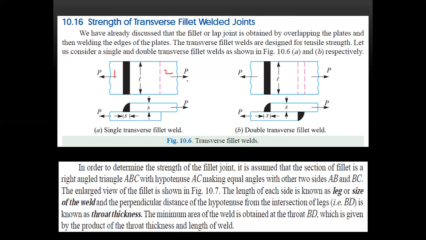Plate 2 is on top, plate 1 is below. So see here, this is plate 1, this is plate 2. So this dotted portion shows that, right? This line appears below on the side. You can see everything, right? So in the top portion you can see this is nothing but a transverse fillet weld.